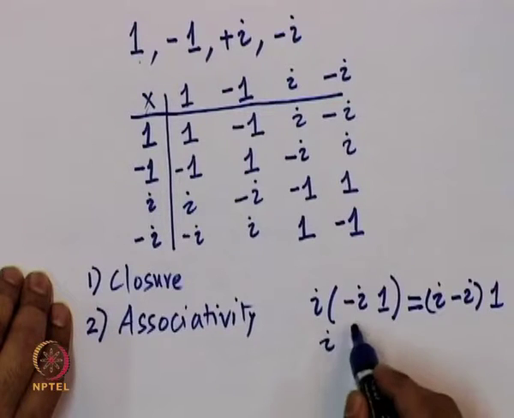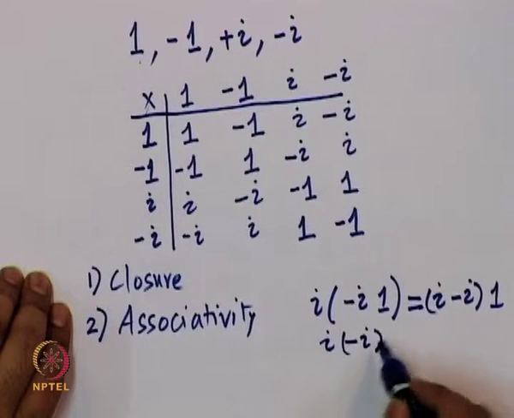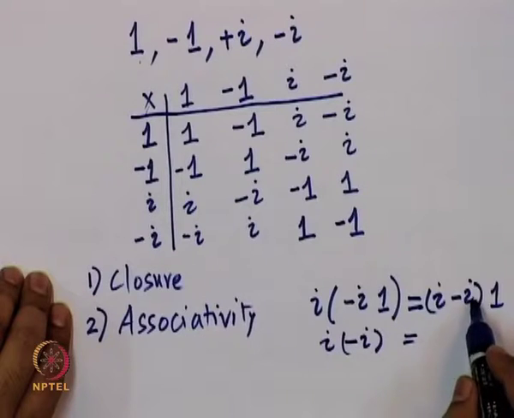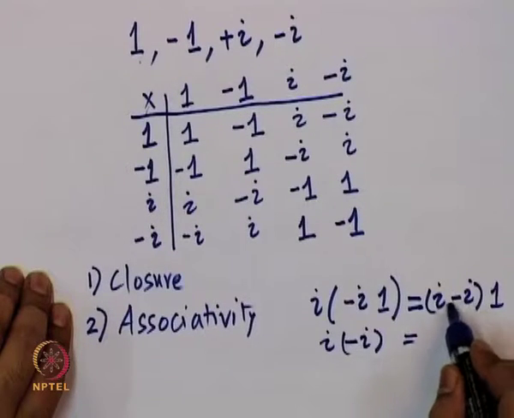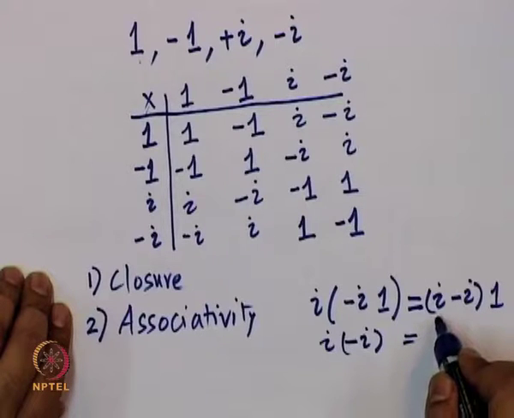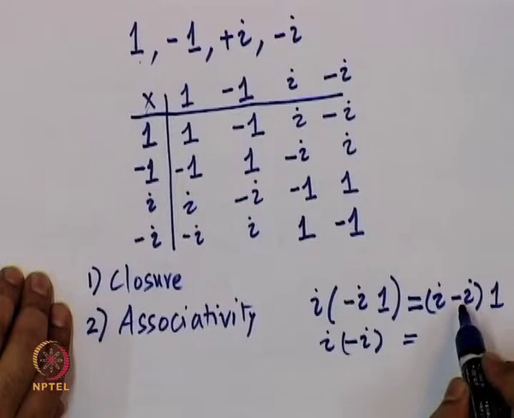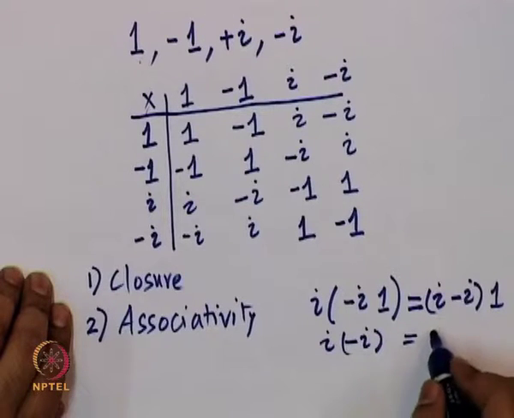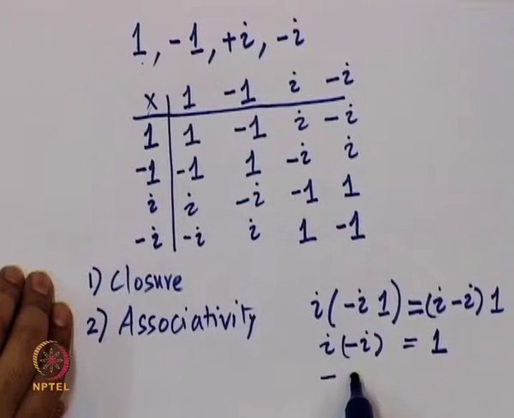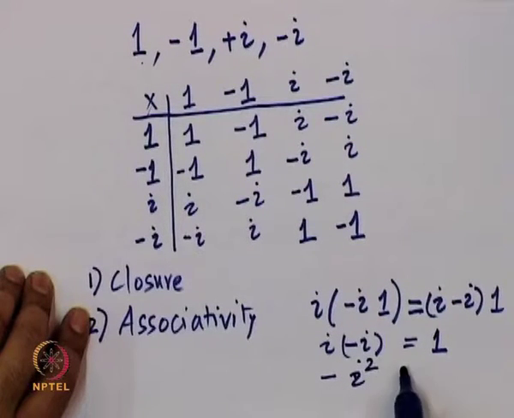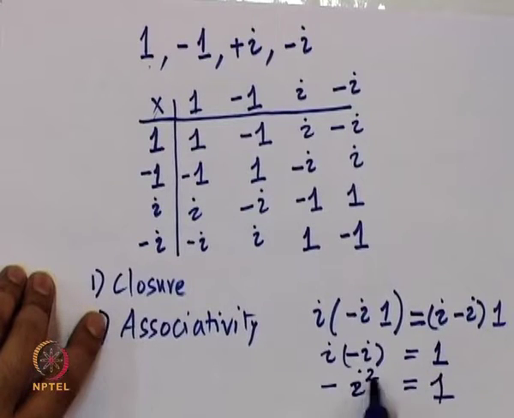So, I into minus I will give you minus I squared, that is, I squared is minus 1, minus I squared is actually plus 1. So, this will give you 1, and here you again have minus of I squared equal to 1, and that is 1.